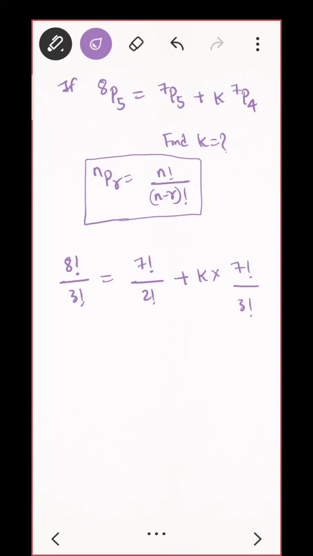Oh, 294 upon 210. Okay. Anybody else? See, the question was not that difficult. Okay, k equal to 5.